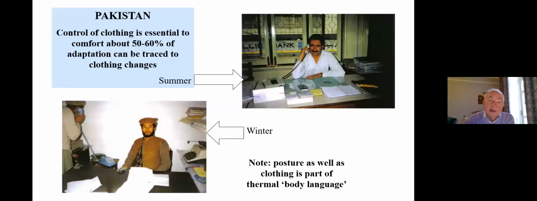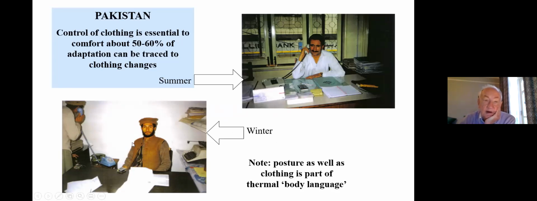The other thing is, we did calculations as to how much of the change of comfort temperature was due to clothing. And we found that in the summer, people are wearing this sort of shalwar kameez. These are bank workers in Saidu Sharif.